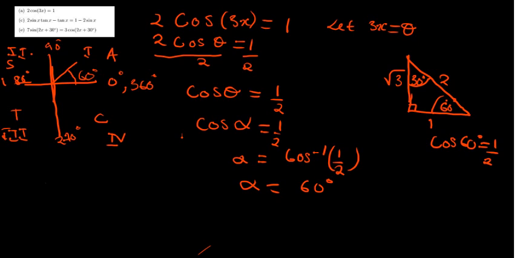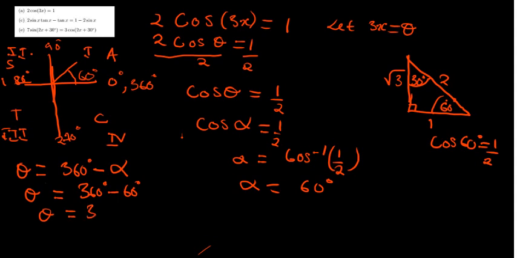So in the fourth quadrant, we have seen that the angles do not exceed 360, so you can make an expression whereby theta is equal to 360 degrees minus alpha. So theta is equal to 360 minus 60, which is 300.